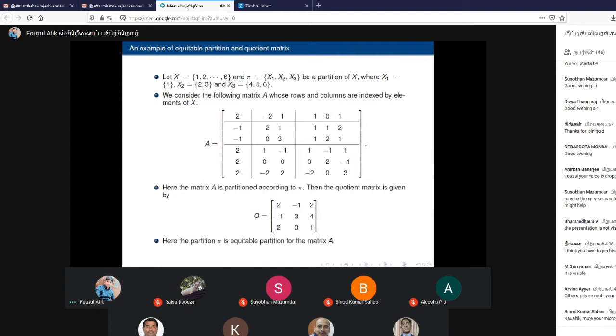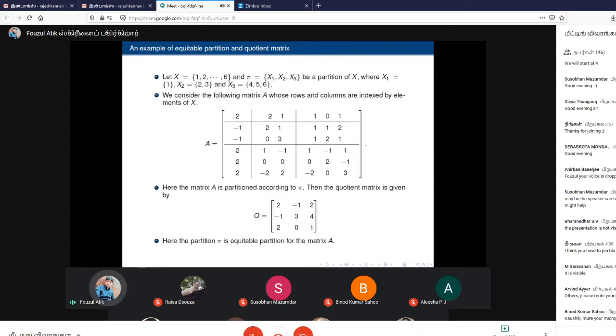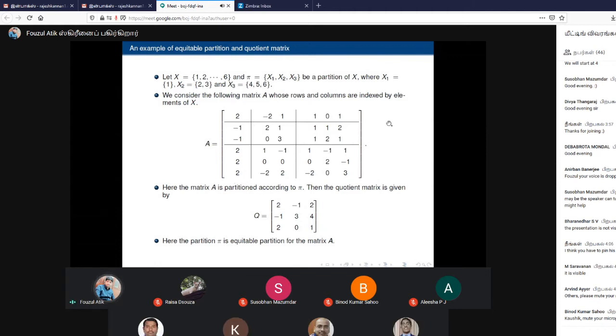In my PhD work, I have used this result in many places. So all the eigenvalues of the smaller matrix, that means the quotient matrix Q, are also eigenvalues of the original matrix A. Now you may have a question: this matrix Q is a 3 by 3 matrix, and the matrix A is a 6 by 6 matrix.